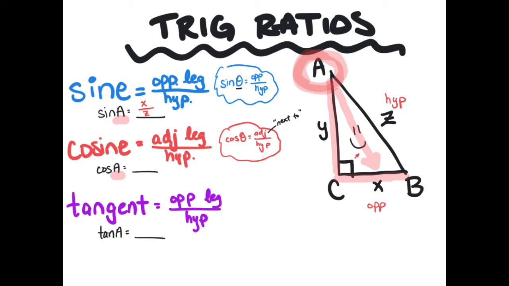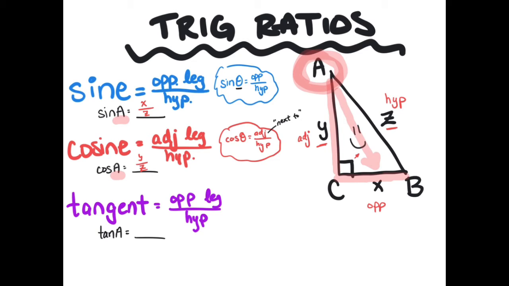It has a Y on it, side AC. So we will label that the adjacent side, ADJ for adjacent. So when I write my ratio, cosine of A would be the adjacent side, Y, over the hypotenuse, still Z. So cosine of A would be Y over Z.